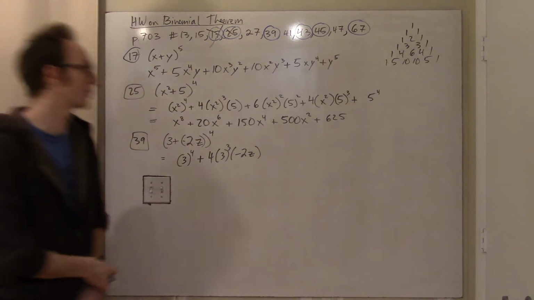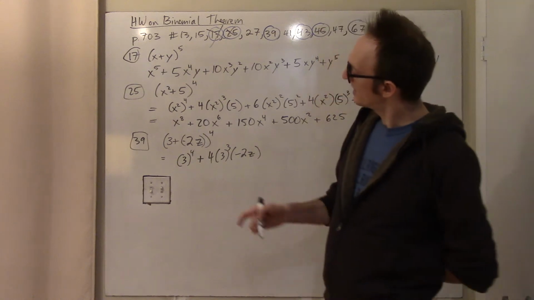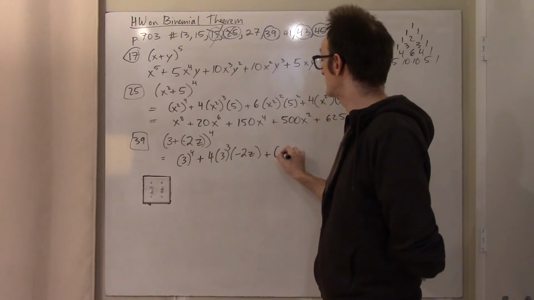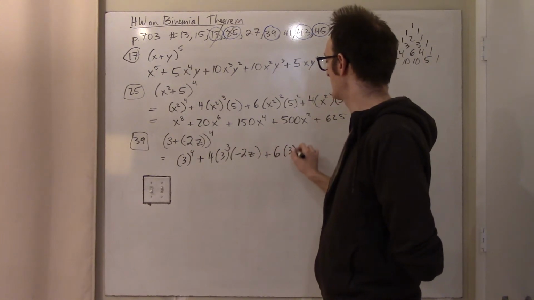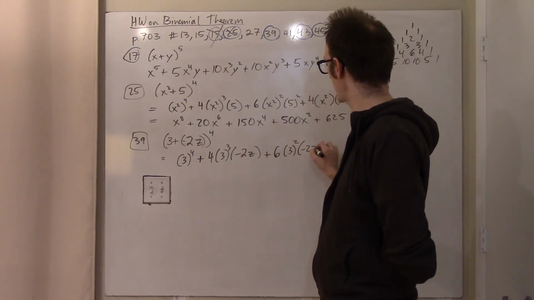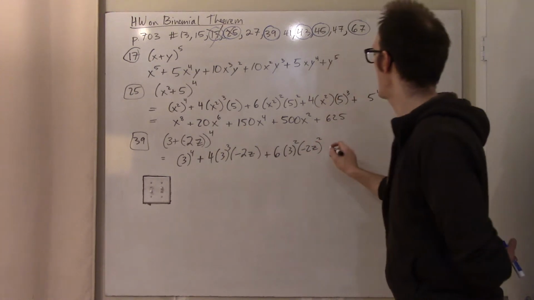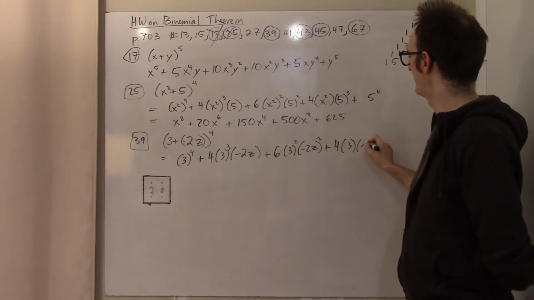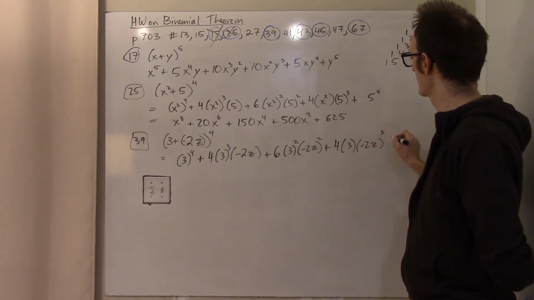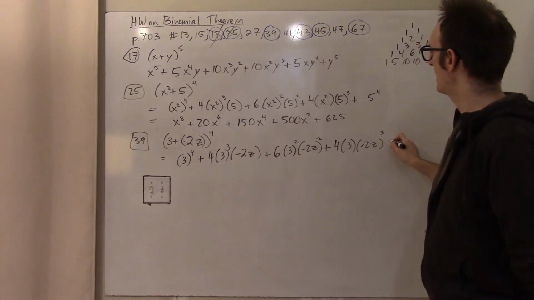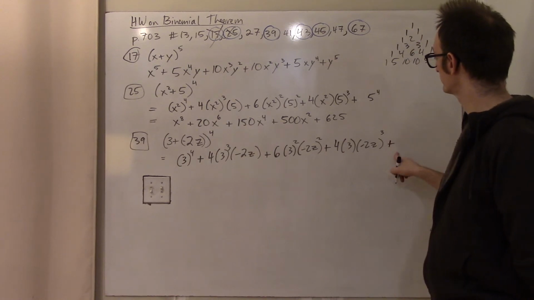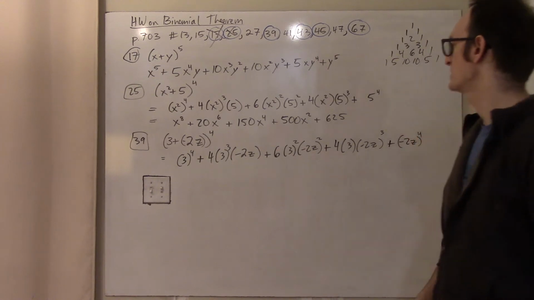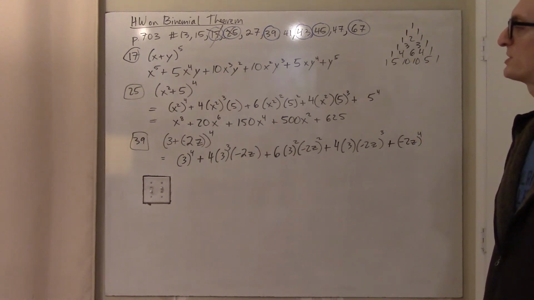I think I like that worse. But anyway, too late. So this is a to the fourth plus 4a cubed b plus 6a squared b squared plus 4ab cubed, and finally plus b to the fourth. This is just how you use the binomial theorem.